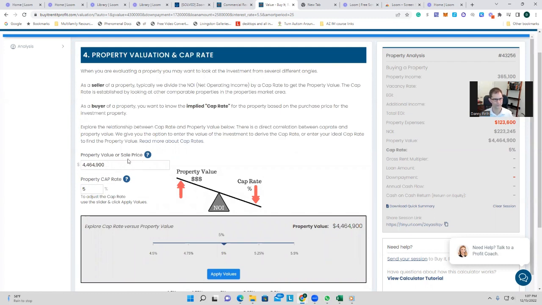So this is just saying, if we're buying this on a 4 cap, what will we pay? If we're buying it on a 5 cap, what will we pay? They said that they were offering this at 4.3 million, which is actually reasonable. It's about a 5.2 cap.